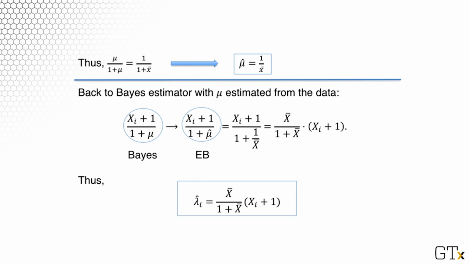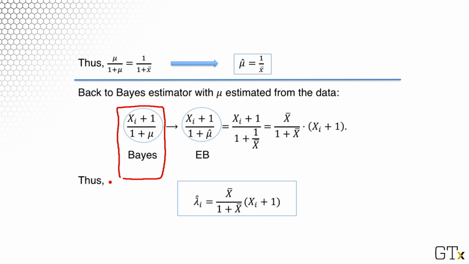Now what we did is the following. We got formally a Bayes rule and a posterior distribution, everything a posteriori depending upon parameter mu. Then we looked at the data via the marginal, and we estimated this parameter mu from the data as 1 over x bar. To finish the example, we have this Bayes rule that we found for lambda i.